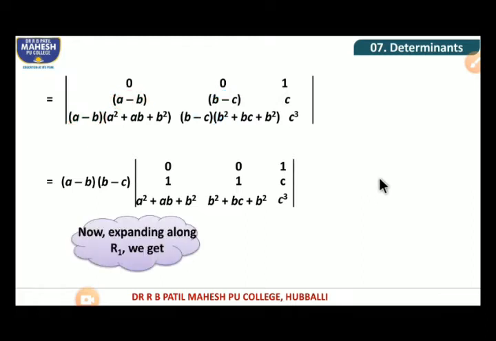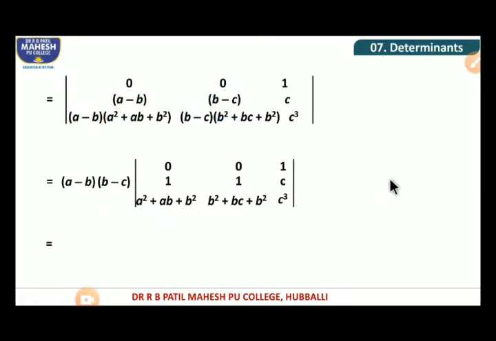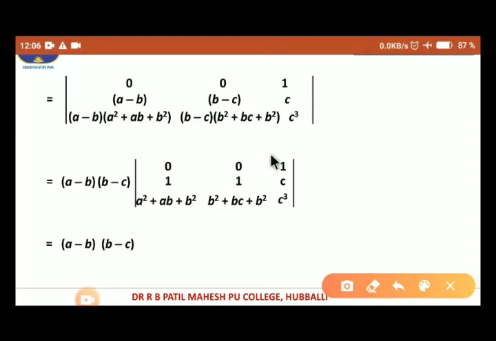So now we can expand along R1. We get a minus b into b minus c as it is, and for the expansion, these two elements are already 0, so it is not necessary to take these two terms. Directly we can consider the third term. For this we have a plus sign, right?